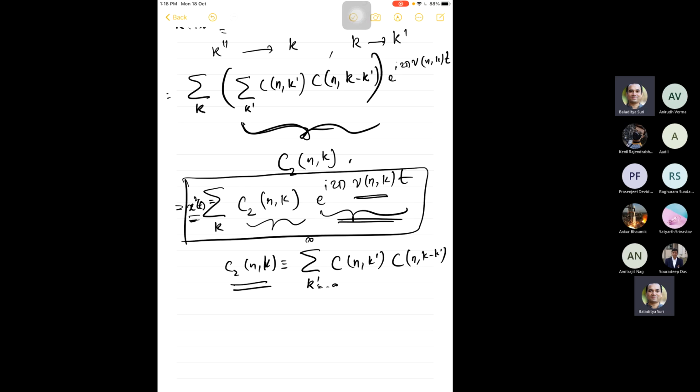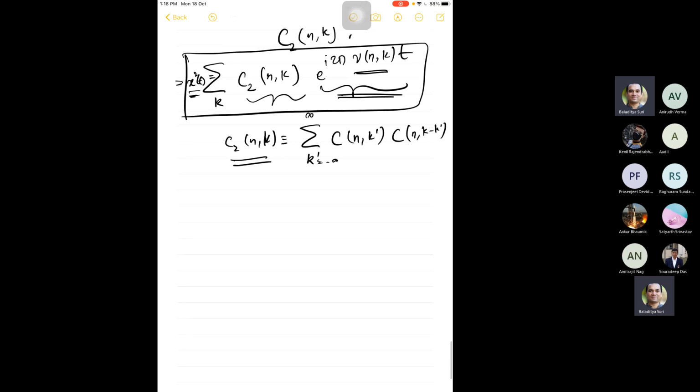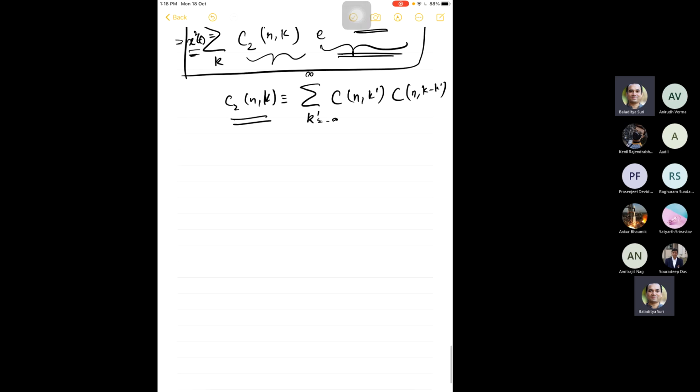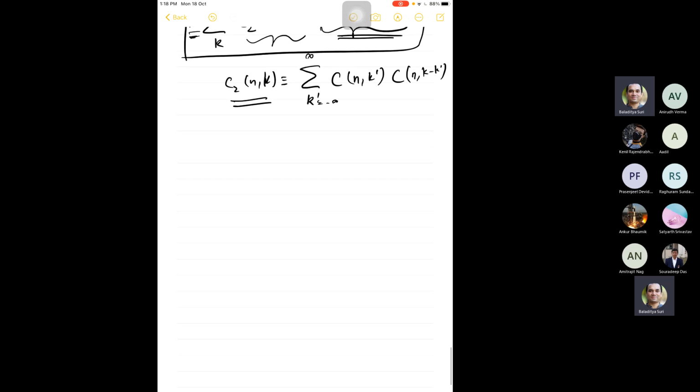Now, how do you construct the quantum equivalent of x squared? I'm going to show this and leave you today to absorb what we have done today. So let us now construct the quantum equivalent. We have x of t equal to summation over k of c of nk, e to the power of I 2 pi nu nk t.